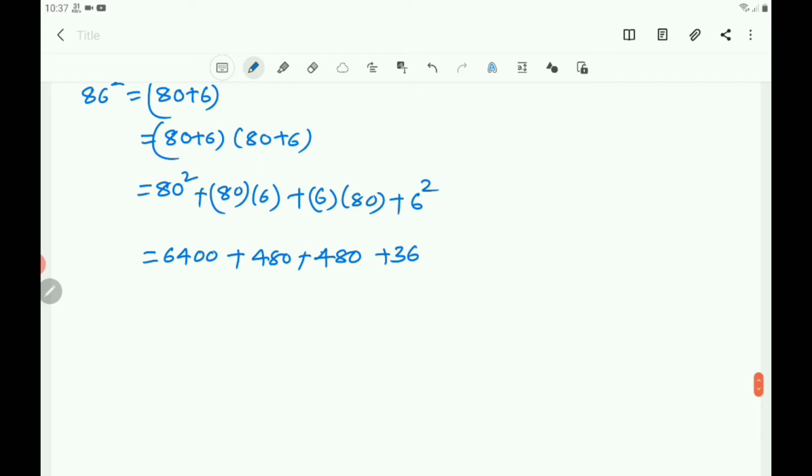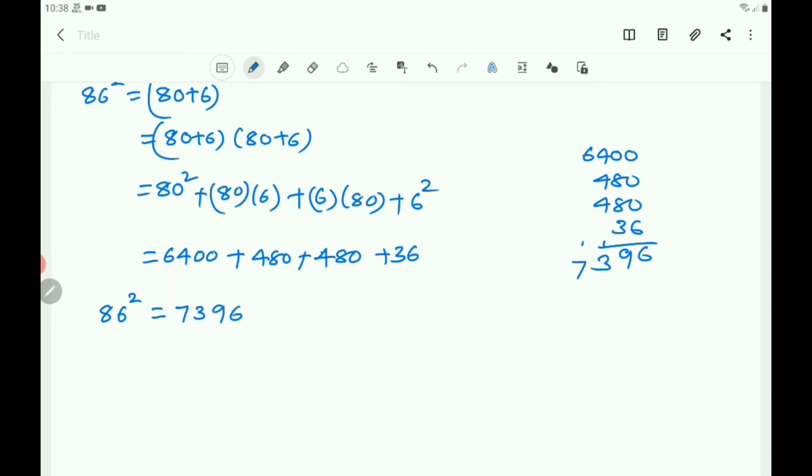Then you find the sum of these four: 6400, 480, 480, 36. So you will get 7396. That is, 86 square equals 7396.